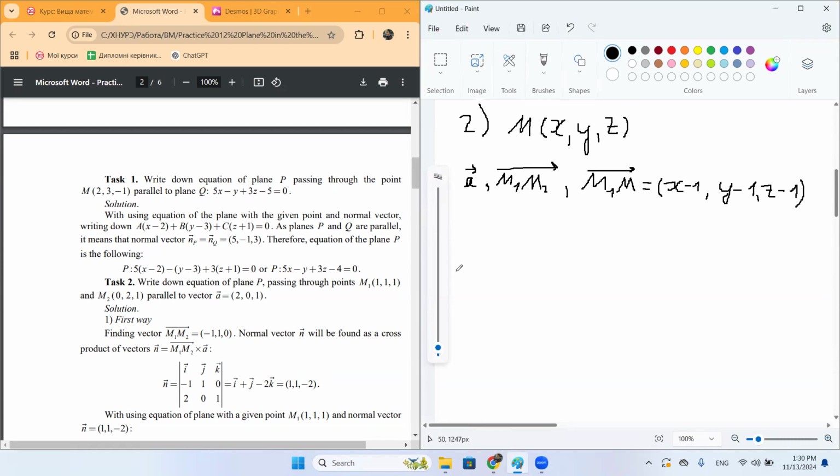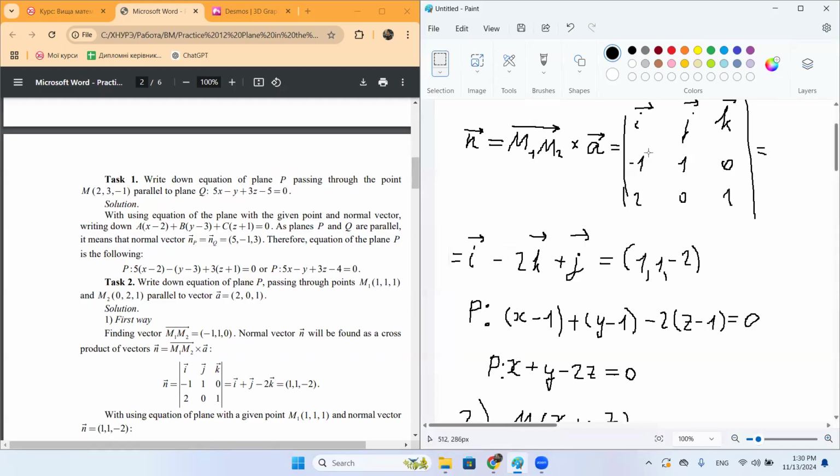And now let's write the mixed product of these vectors. So this is the following determinant. I will just copy and paste these values.